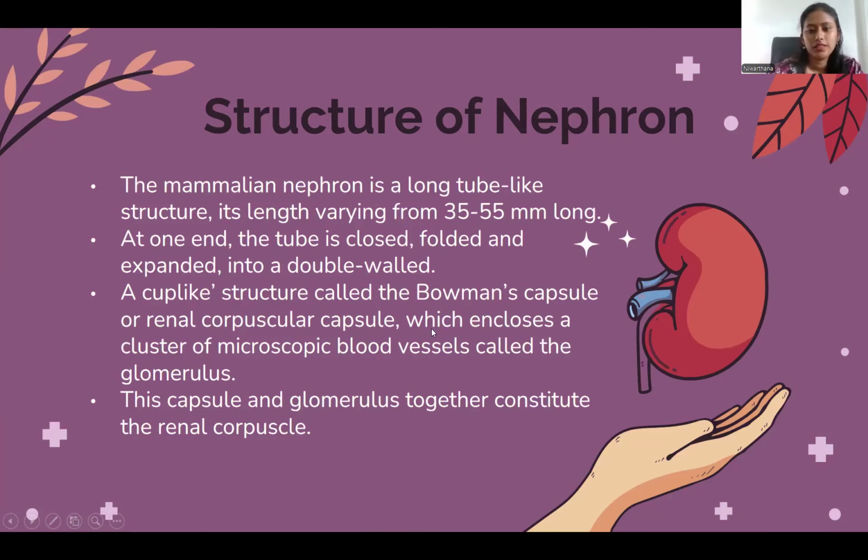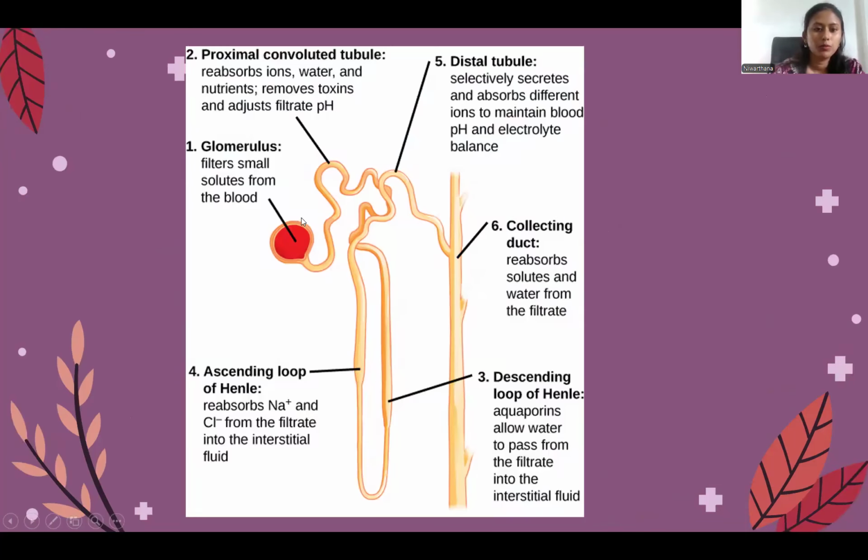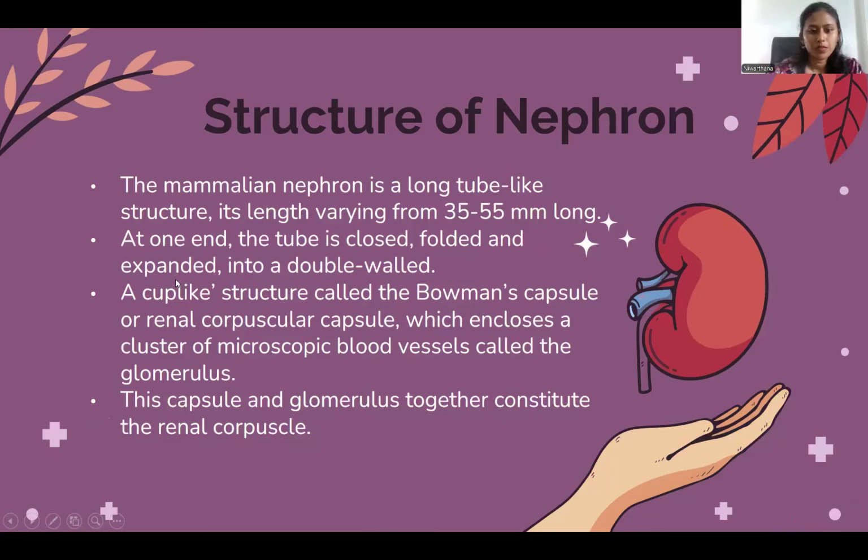It encloses a cluster of microscopic blood vessels called the glomerulus. This capsule and glomerulus together constitute the renal corpuscle.